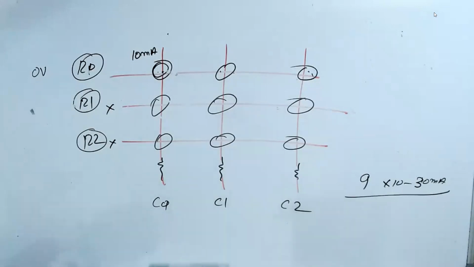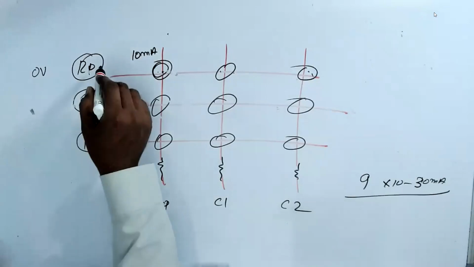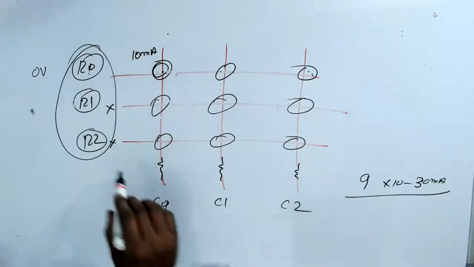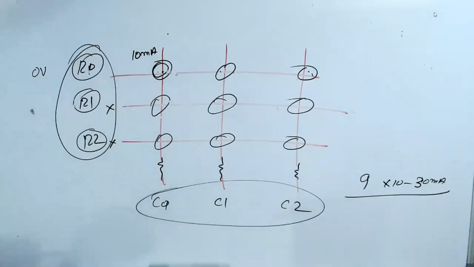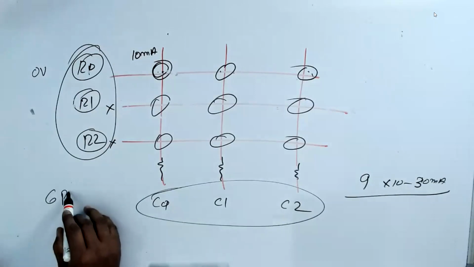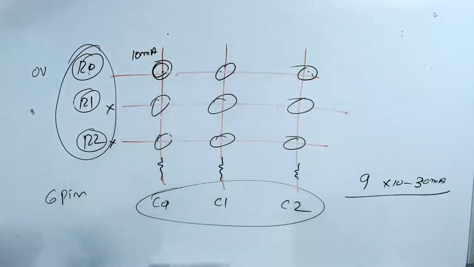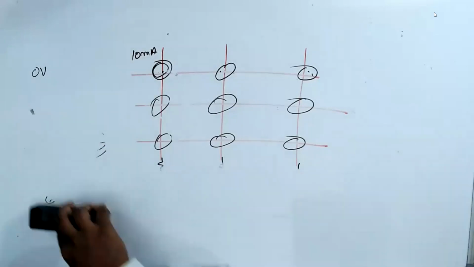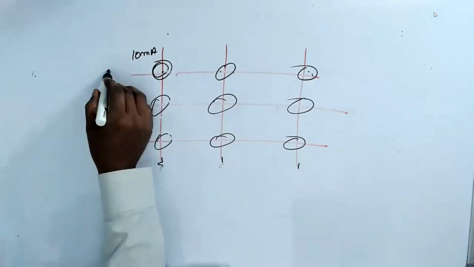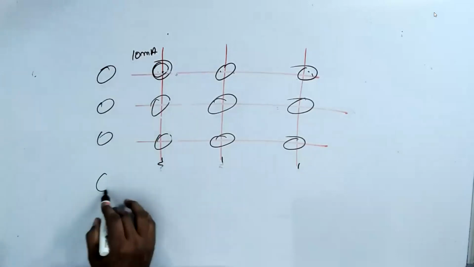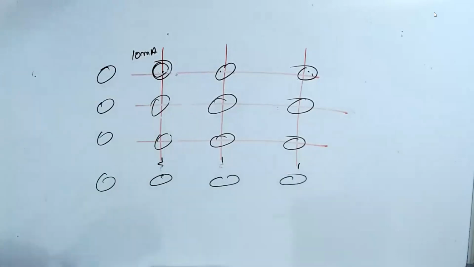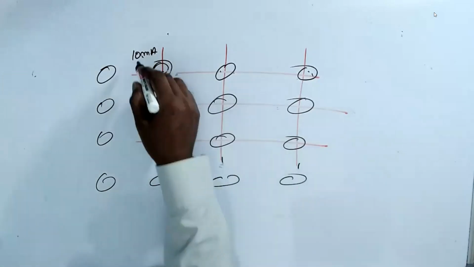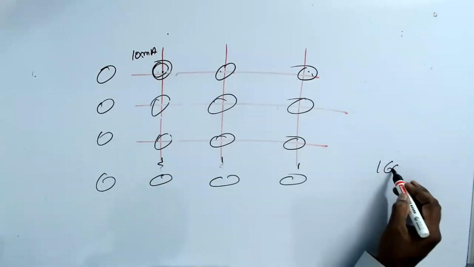That is one. The second thing is, how many pins do I need? 3 and 3, only 6 pins. Otherwise, for 9 LEDs, I have to use 9 pins. Now think of 4 by 4 LEDs. Then 16 into 10, 160 milliamperes.